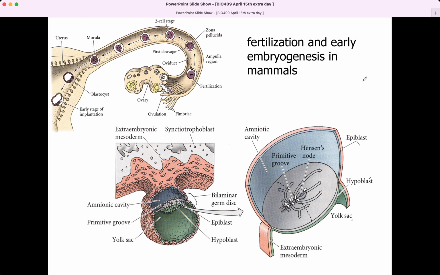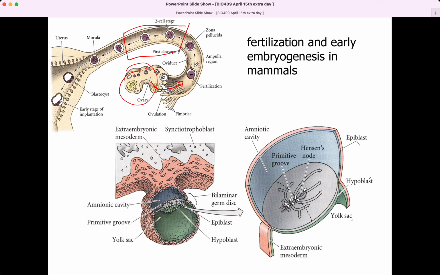Yeah. So here's a mammalian pregnancy. Mammals have internal fertilization, and the ovary in the female is going to release an egg, so there's ovulation. This shows in a human, the ovulated egg starts to migrate down the fallopian tube, and it's along this path where fertilization takes place.